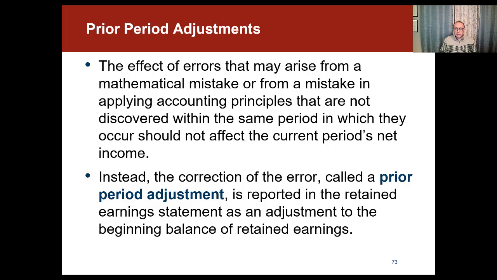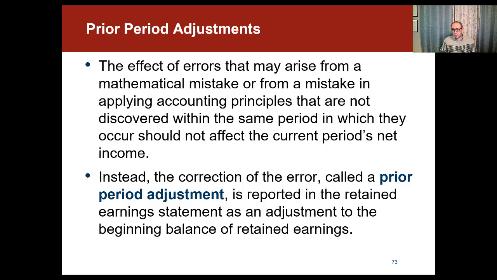Another thing that's related to equity is prior period adjustments, or actually more related to retained earnings. Sometimes we make mistakes in the previous year. When we discover it later on, we really cannot go back and adjust the prior year financial statements. So what we do is that we only update the retained earnings account.